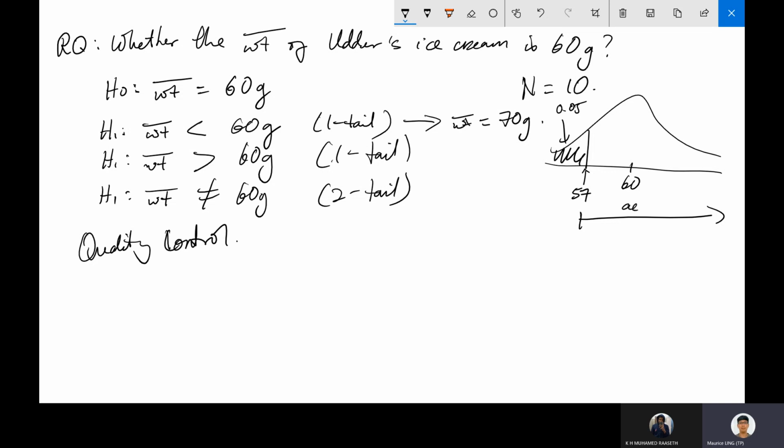Anything more than that, you accept the null hypothesis. Anything less than that, you reject the null hypothesis. It doesn't matter that even if one cup is 200 grams, you still say you are accepting the null hypothesis.